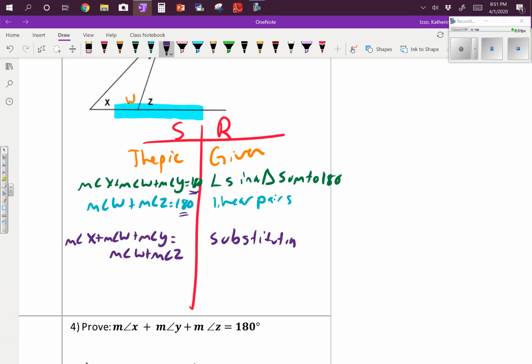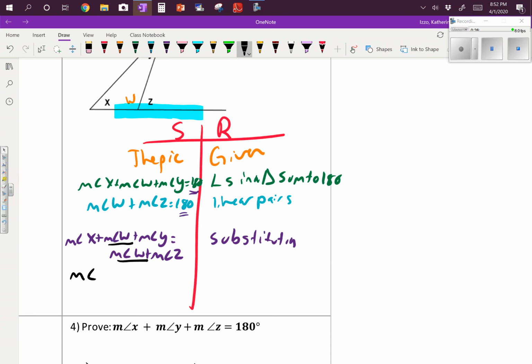Okay, so we've got nice substitution right there. And if you notice, there's something in that big, long line that is the same. We could subtract those two.